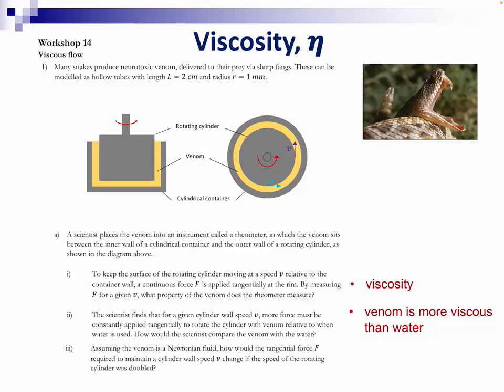You want to make it move twice as fast as it normally does. How much force should you apply relative to the original force? Double, yeah? Because the force directly affects the speed of the fluid, in direct proportion. So if you double the speed, you should double the force as well.